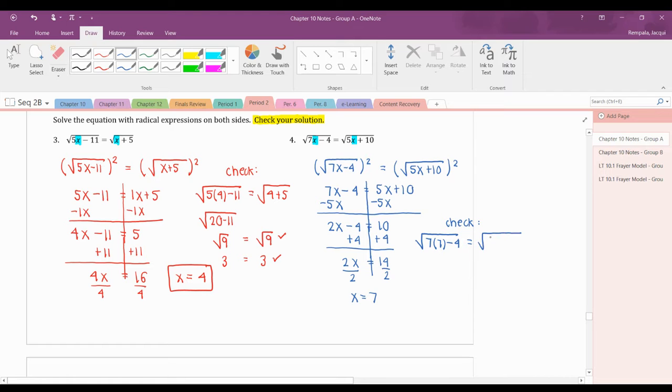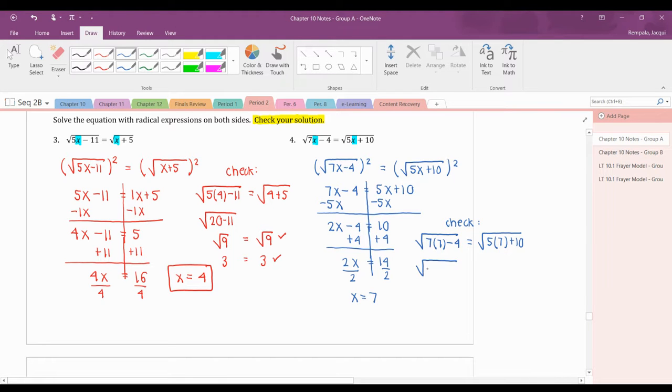On the right side, I want 5 times 7 plus 10. Now if you put this into the calculator and just focus on the left side, it might give you a decimal, and that's okay. If you then do the right side, you're looking for the exact same decimal to know that you have the correct answer. So once again, just make sure you're showing me what it is that you're typing into the calculator. But for me, I'm going to show you the step-by-step process.